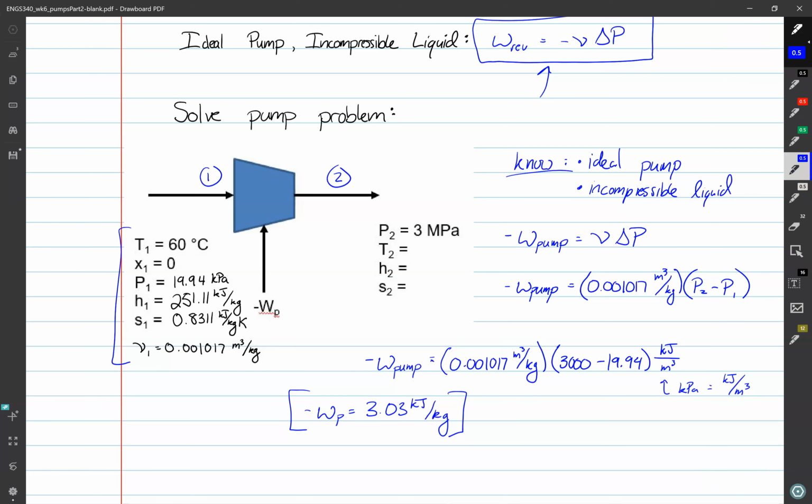And then we can go back if we want to, and use our energy balance to find the enthalpy, because our energy balance still works. We would have the same energy balance that we did in the last example, which would lead us to H2 equals H1 plus WP.